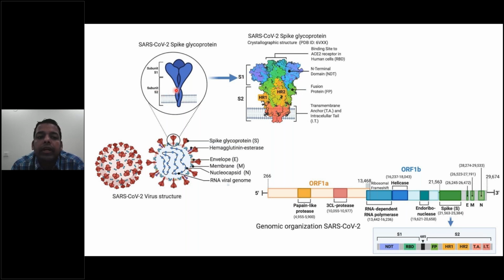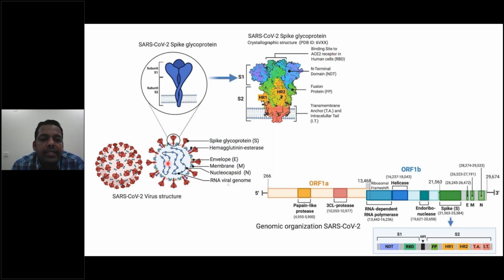The S2 subunit is the part attached to the envelope, and the S1 subunit has the RBD, the receptor binding domains, which bind to the ACE2 receptors present on human cells.